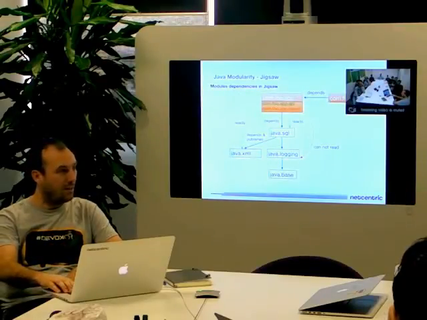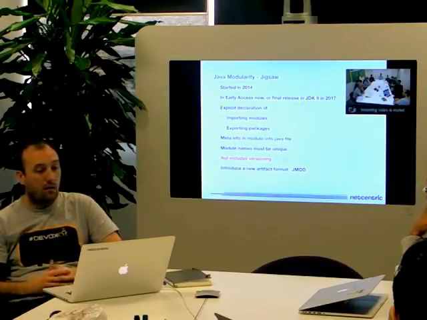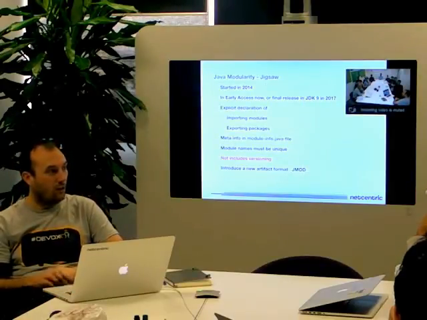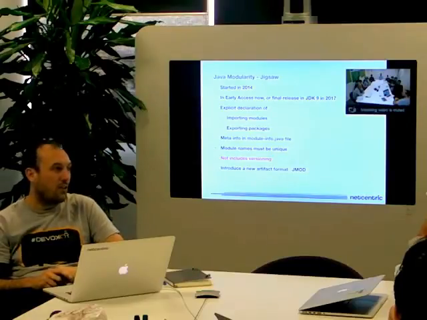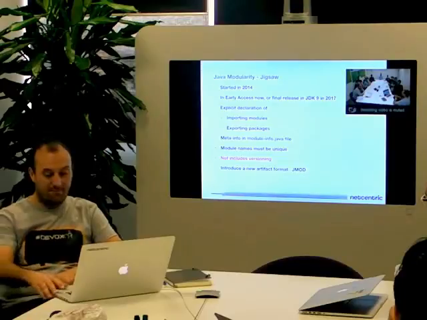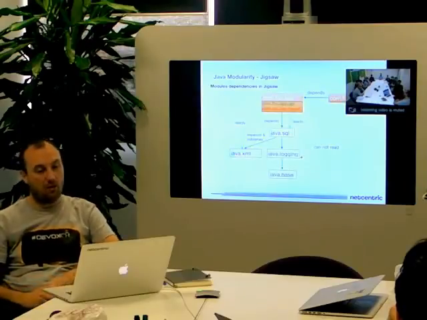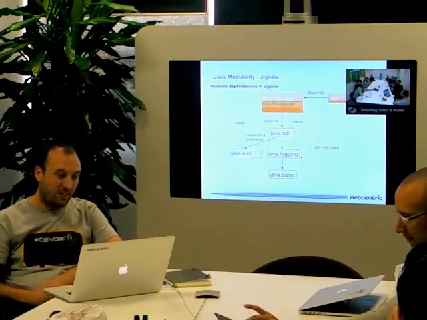Mark only answers that they don't have the intention to cover that. The Jigsaw project has been criticized a lot for that, but I think that Oracle has its own ideas.